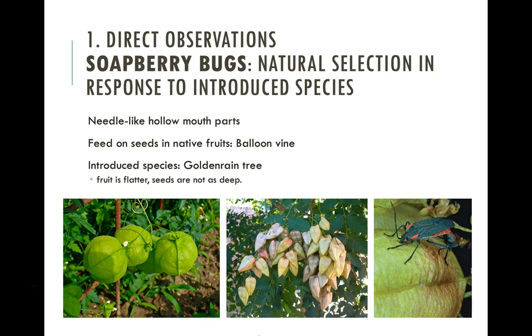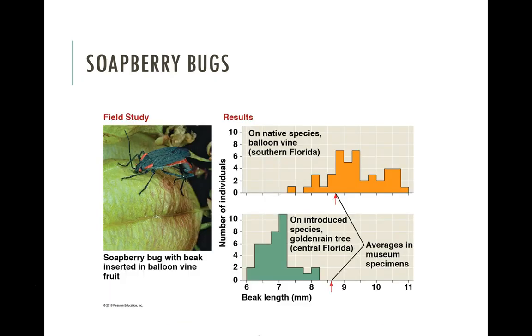The fruit is flatter and the seeds aren't as deep. So what happened was that in response to the change in food source, the size of the mouth parts on these soapberry bugs actually changed.